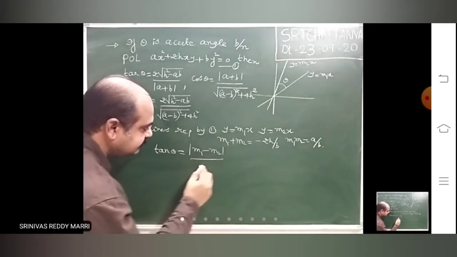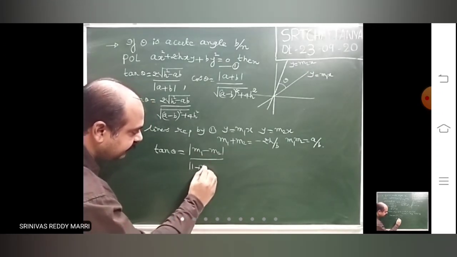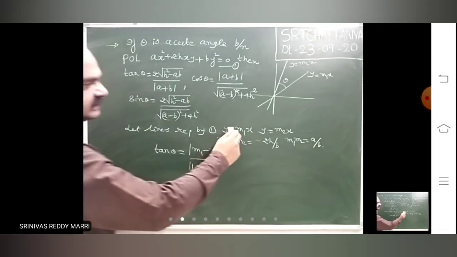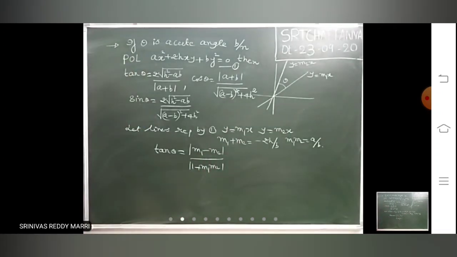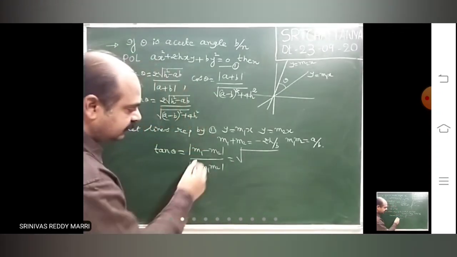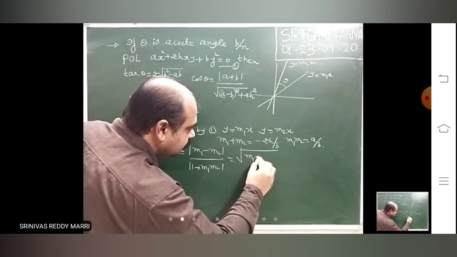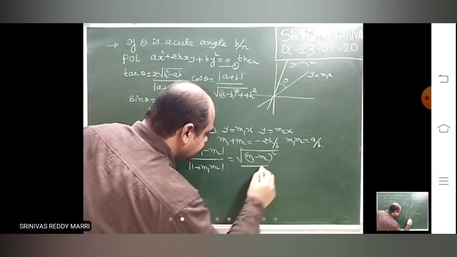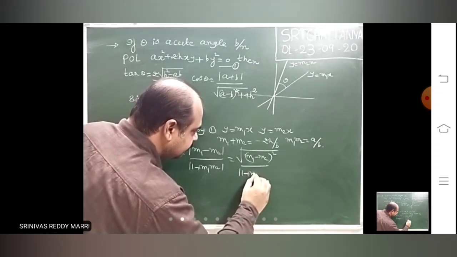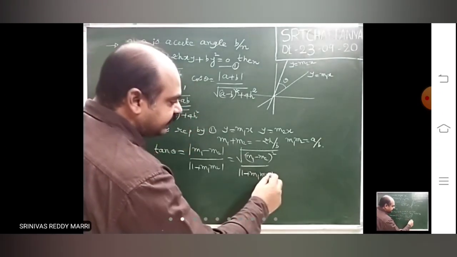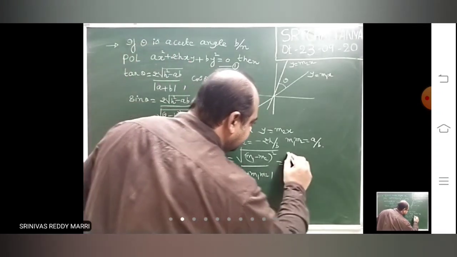Now if the slopes m1 and m2 are known, the formula for the acute angle between straight lines is modulus m1 minus m2 divided by 1 plus m1 m2, because these are two lines. So you can write this as root of m1 minus m2 whole square divided by 1 plus m1 m2.